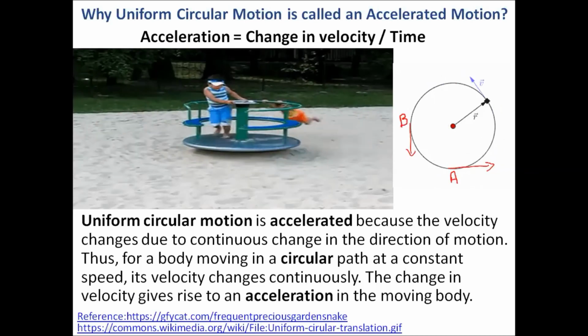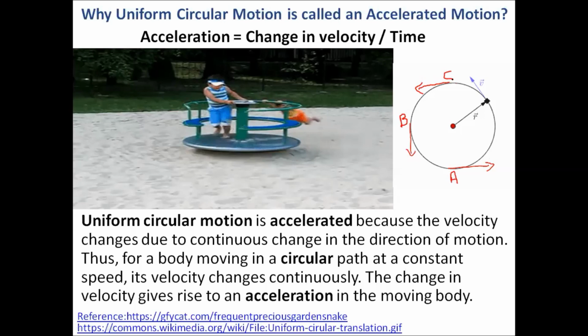From the figure, we can find the direction of the body changes. The direction at points A and B are different. Similarly, if we mark point C, here also the direction is different. So its direction changes at each and every point.